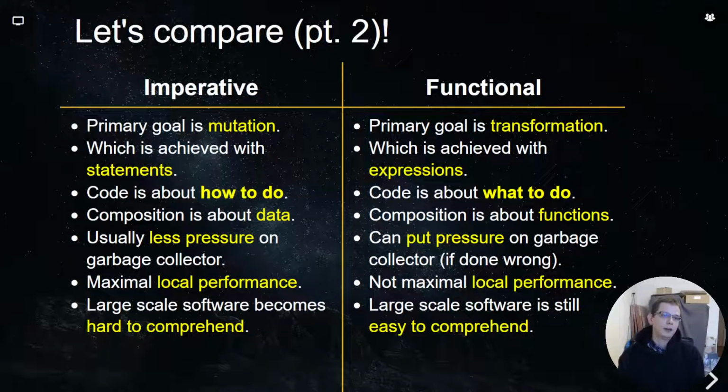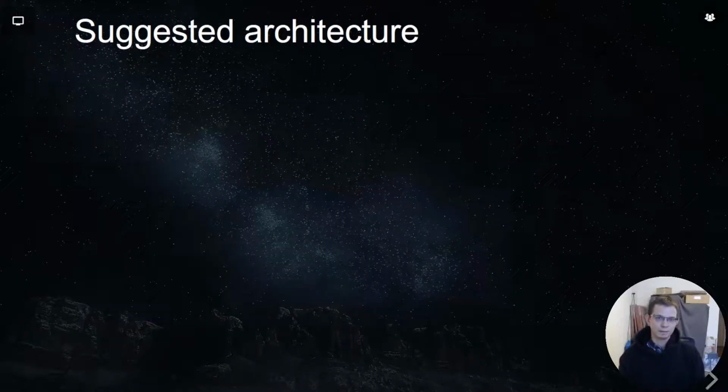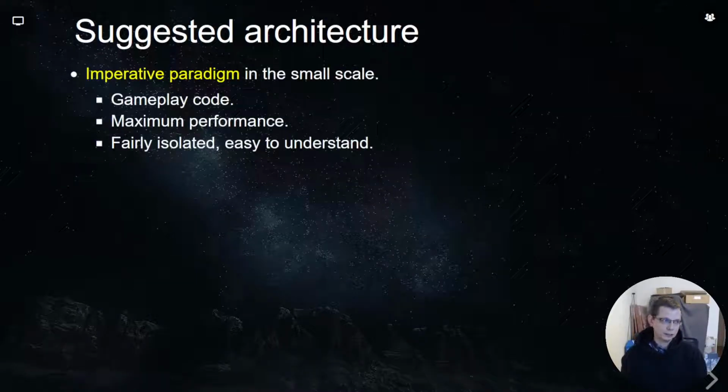With the imperative paradigm, it has been my experience that often large scale software, like hundreds of thousands of lines of code, becomes hard to comprehend, while applying the functional paradigm, it's still easy to comprehend. So what we do in our games, and what I will suggest to do in this course, is this architecture.